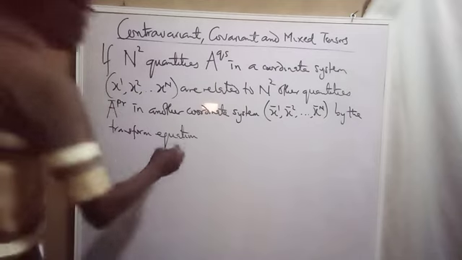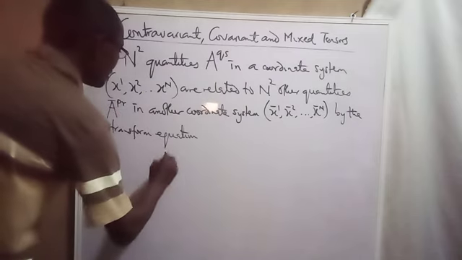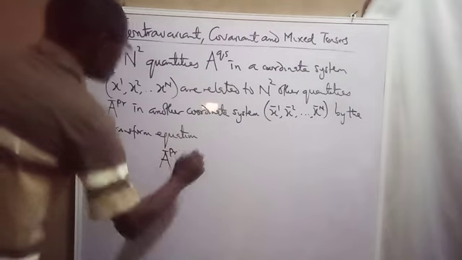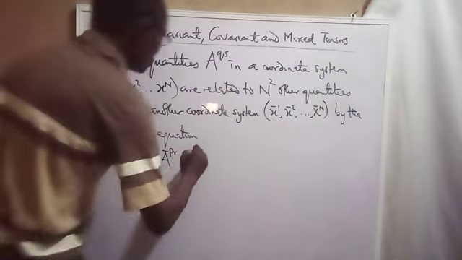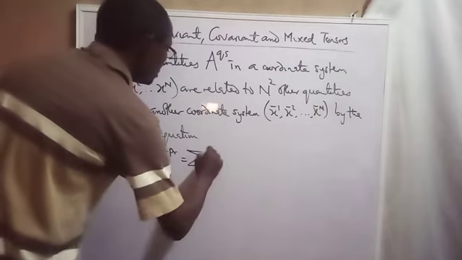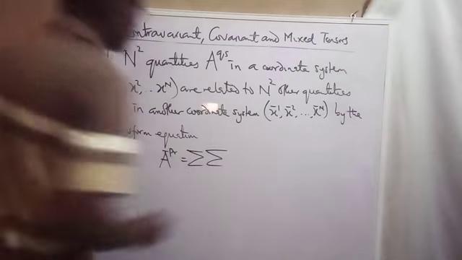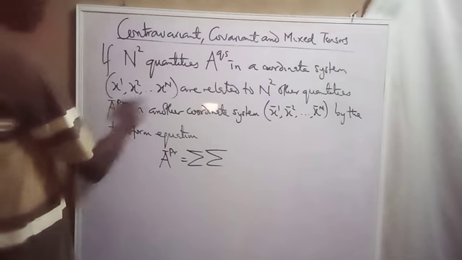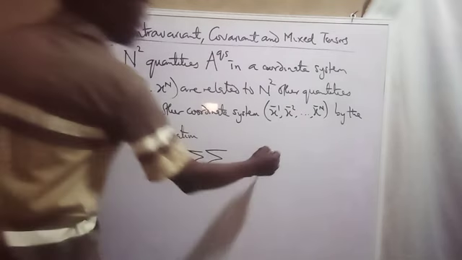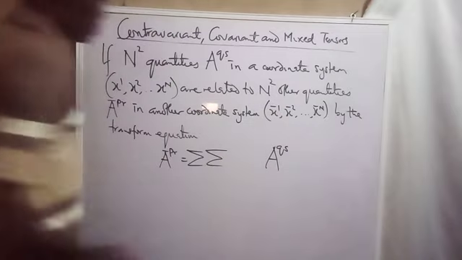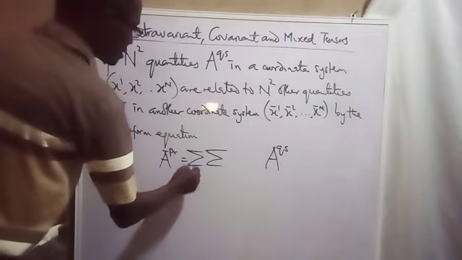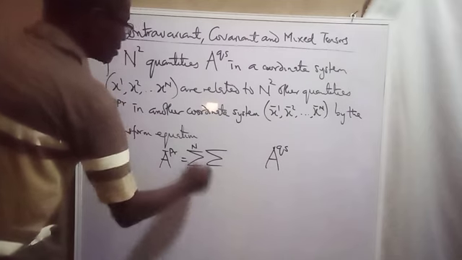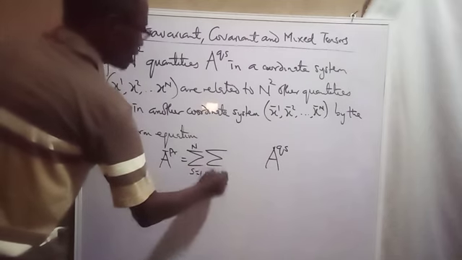We have A bar^{PR} can be written, you can use summation over the indices. Since this is PR and we are moving to A^{QS}, A^{QS} will be the last thing here. Now you can say S is from 1 to n, you can say Q is from 1 to n.